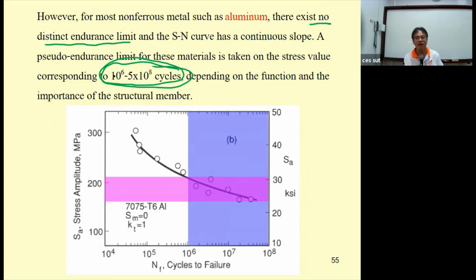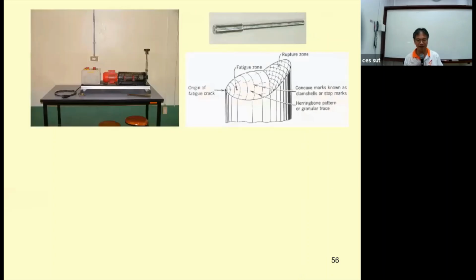For example, if we use aluminum alloy in an airplane, the manual may say, if you use this part for 2,000 hours, that is the expected life of this kind of airplane part, and you have to change it. That is the typical maintenance of an airplane.